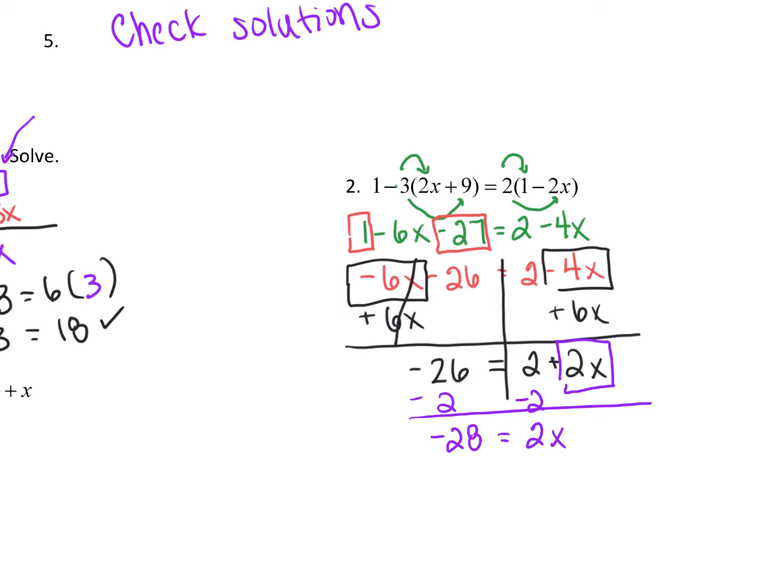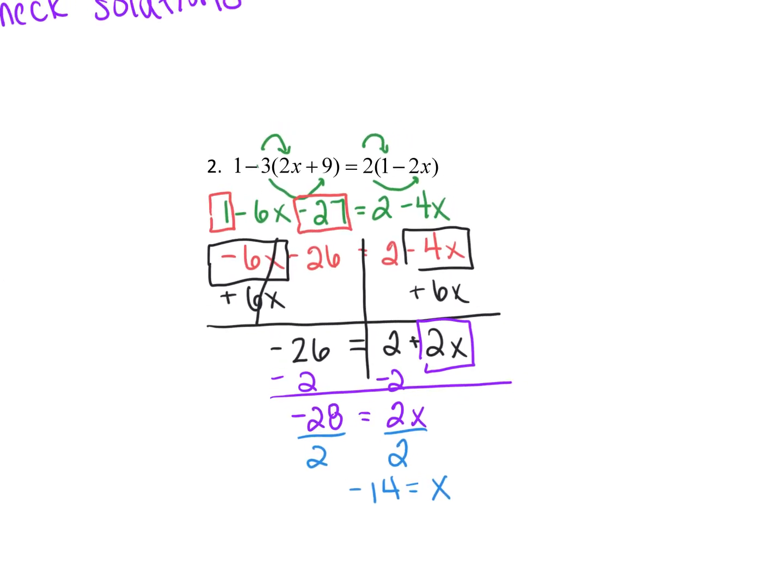The final step is to undo the multiplication with division, so I divide by 2 on both sides. And so I get negative 14 is equal to x.